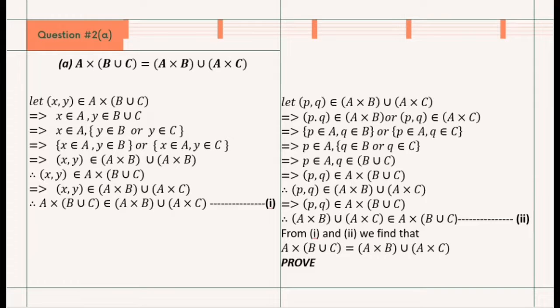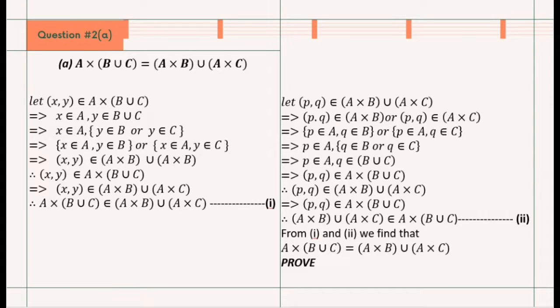Because X belong to A or X belong to B, then X belong to A union B. Therefore, A cross (B union C) is a subset of (A cross B) union (A cross C). We name it 1.